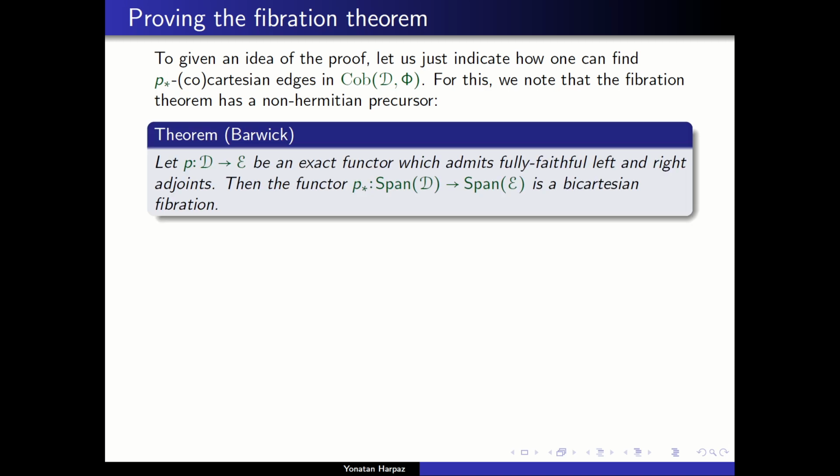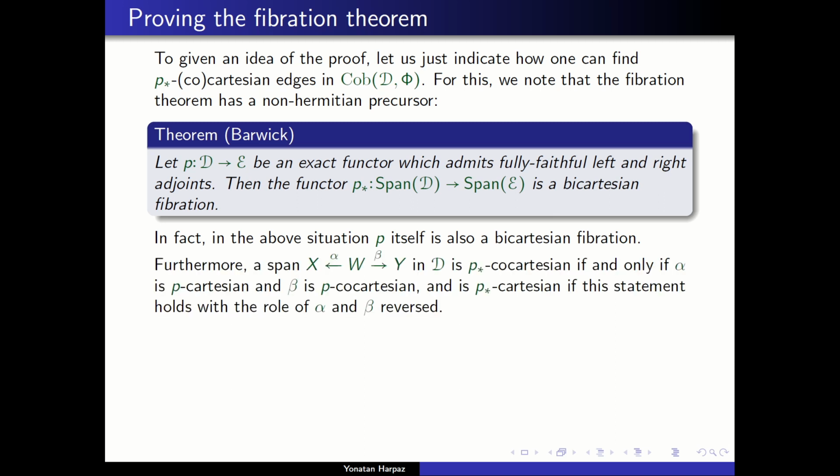that if P from D to E is an exact functor which admits fully faithful left and right adjoints, then the induced functor on span infinity categories is a bicartesian fibration. In fact, in this case, already P itself is a bicartesian fibration.